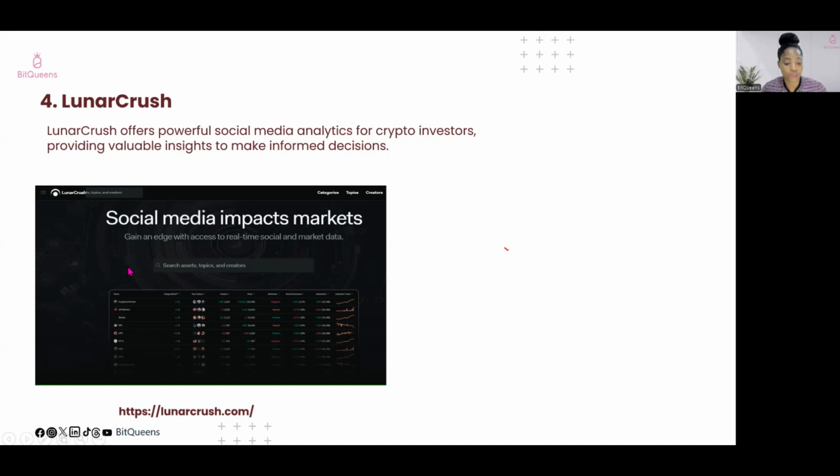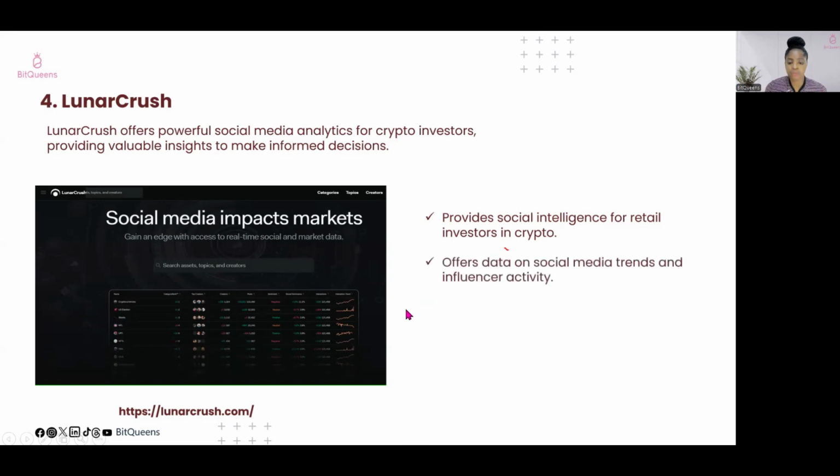It's Lunar Crush, lunarcrush.com. This is the website. And what it does is that it provides you intelligence. So if you are a crypto investor, maybe a retail investor, individuals like you and I, or even institutional investors like big corporations who are also playing in the crypto space, they can make use of this tool to get information and see what the experts are saying, what people are saying, what the sentiment is like, and make informed decisions.